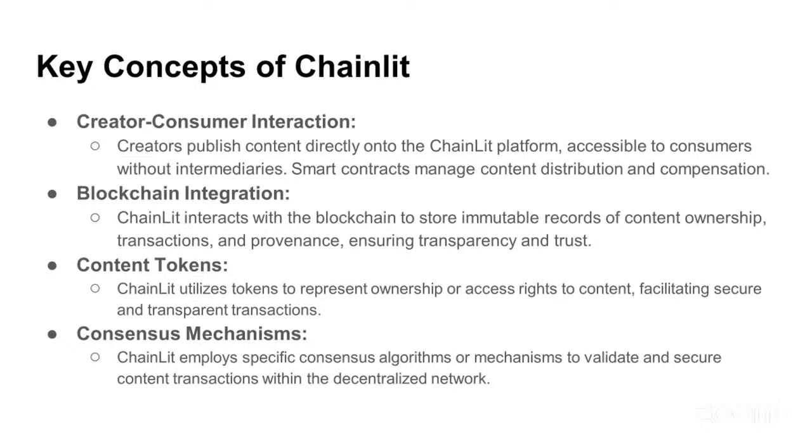There is a blockchain integration. Chainlit interacts with the blockchain to store immutable records of content ownership, transactions, or provenance, which will ensure transparency as well as trust. There is a content token. What will the content token do? Chainlit will utilize tokens to represent ownership or access rights to content. It will facilitate and secure a transparent.